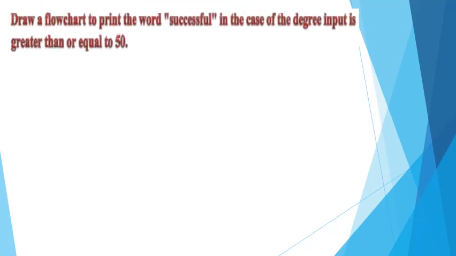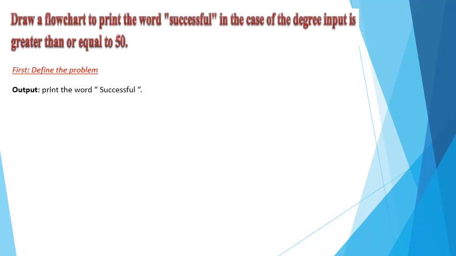First example: draw a flowchart to print the word successful in case the degree input is greater than or equal to 50. I want to design a flowchart for a program. This program will obtain, for example, the marks of the students, and if the mark of the student is bigger than or equal to 50, it will print or display the word successful. First, define the problem.